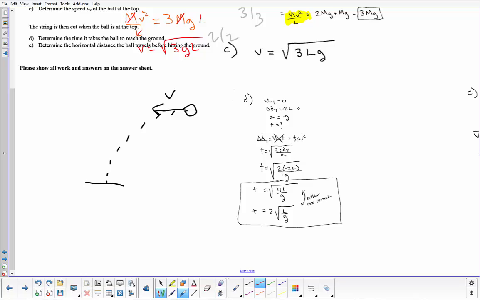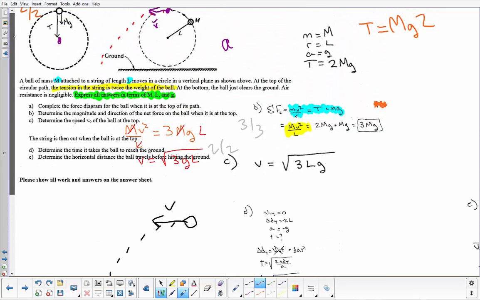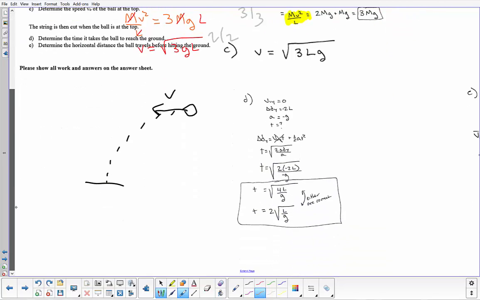It's going to allow us to calculate time, because gravity, which is pulling it down, only affects that y dimension. First, the change in distance. It's going to be 2L, not L. We see that the radius is L, and when we're at the top of our path, we're going to be 2L up: one radius, and then another radius, so a total of 2L. The acceleration is gravity, and we're looking for time.